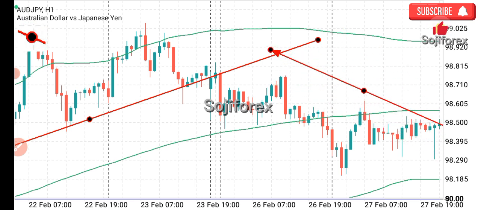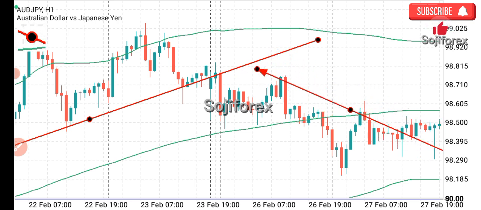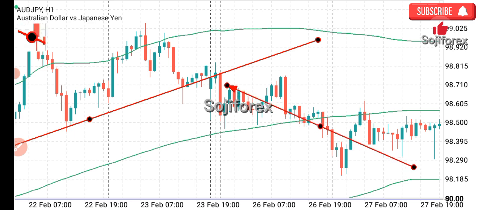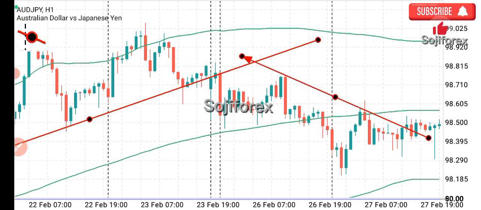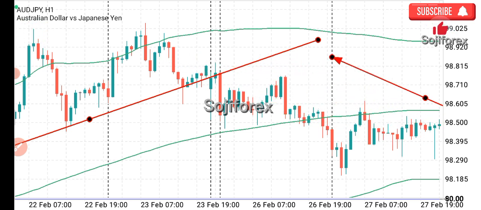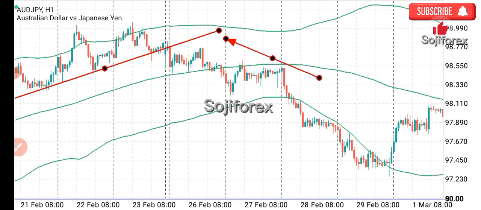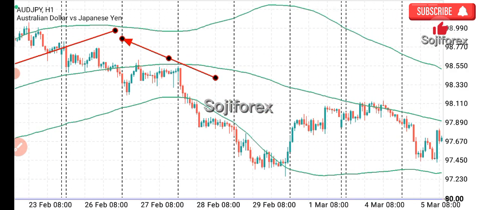Now it must not touch this particular trend line. Why? Because it has already filled an imbalance here. Also, I am still having another imbalance above here, a very tiny one. So this is how you can take advantage of each of these.